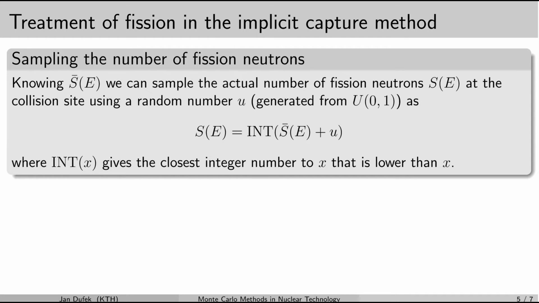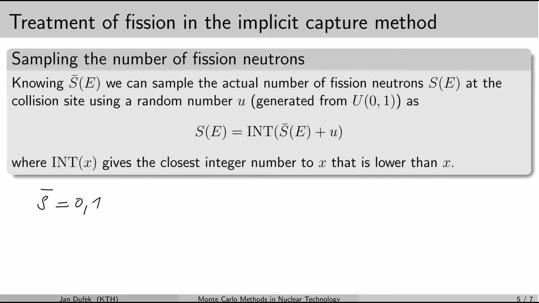Once we estimate the expected number of fission neutrons at a specific collision site, we need to decide on the real number of the fission neutrons that we actually sample at that site. So let's take an example. For instance, we can estimate the expected number of fission neutrons to be a very small number, 0.1. Typically it will be a small number.